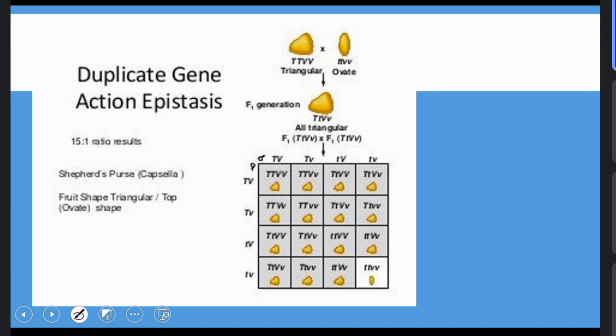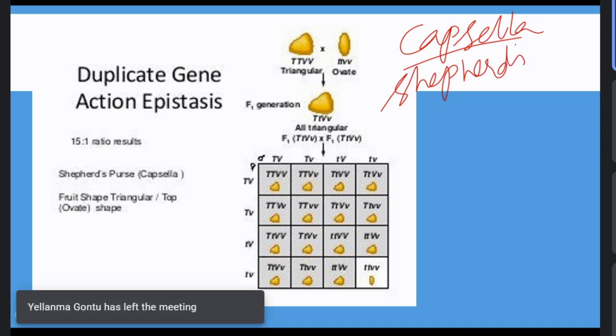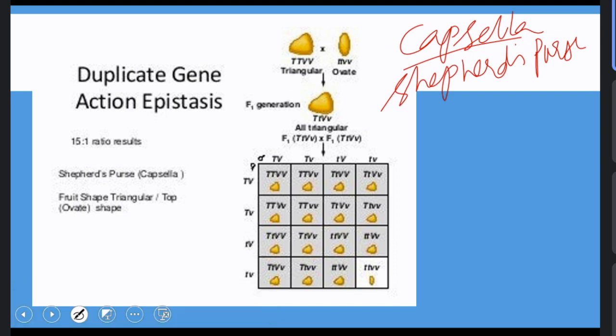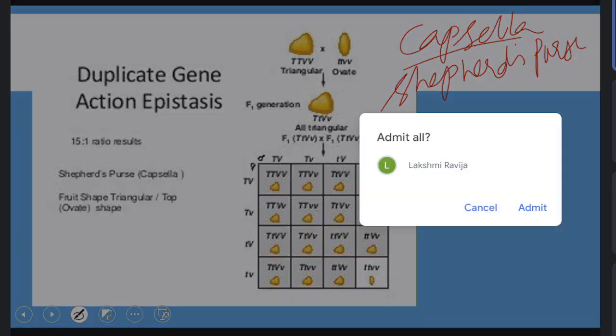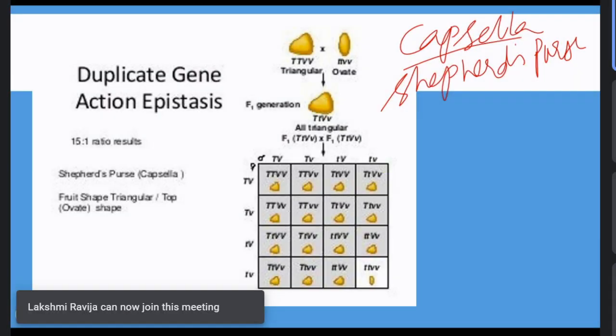So what actually happens here is they have taken a plant. Its scientific name is Capsella and it is commonly called shepherd's purse. Shepherd's purse has fruits which are of two types with respect to their shape.